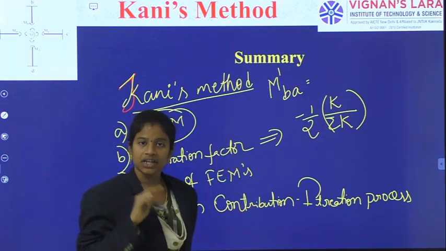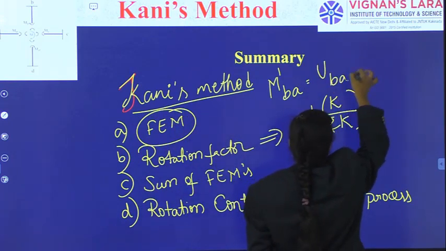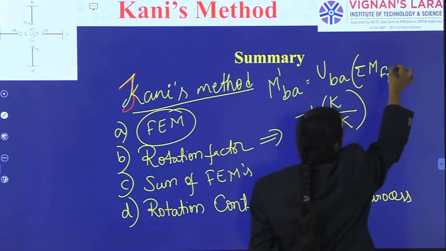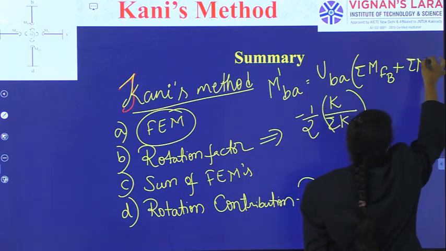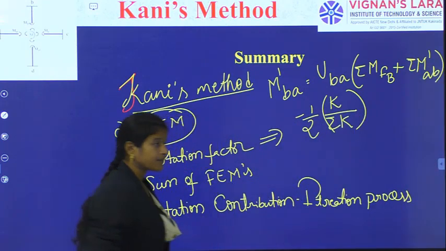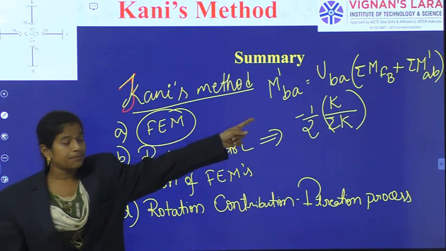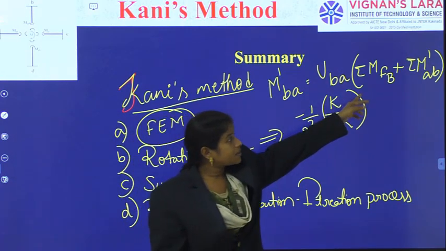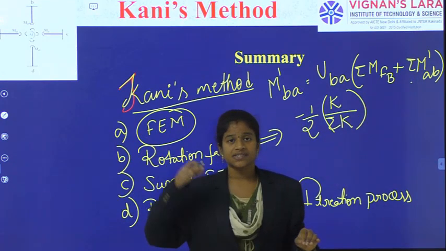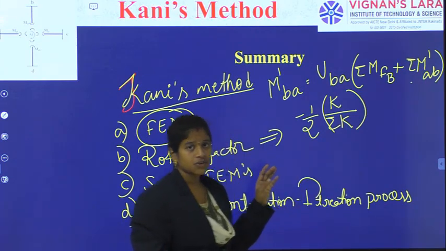When you want to calculate the rotation contribution at the near end, M'BA is equal to UBA into (sigma MFB, the sum of the fixed moments, plus sigma M'AB). The sum of the fixed moments and the far end rotation contributions. At the far end, what is the rotation contribution? So, those values we are adding.